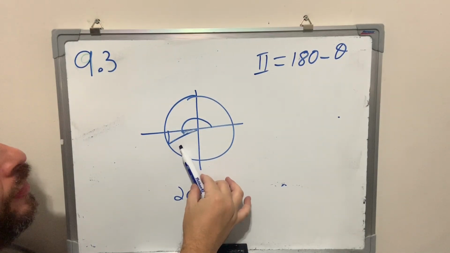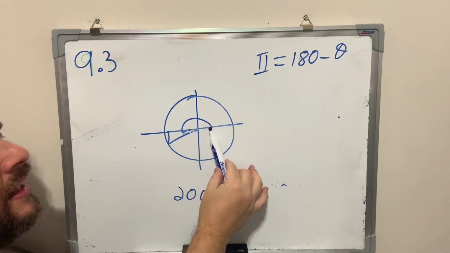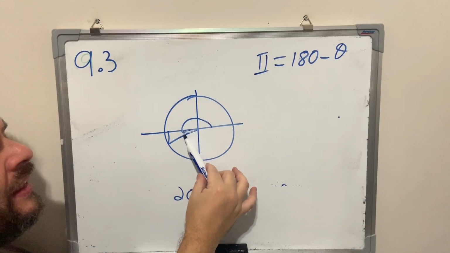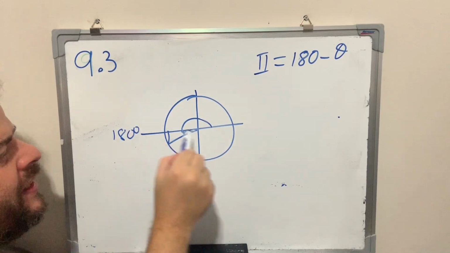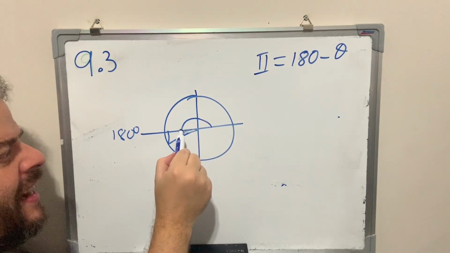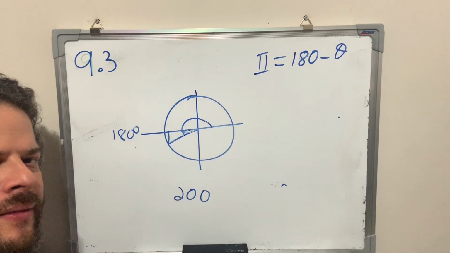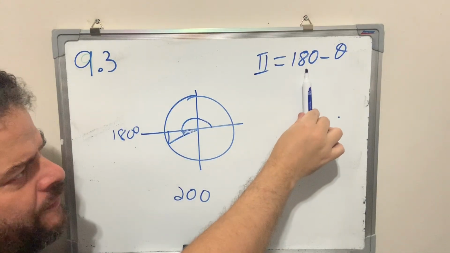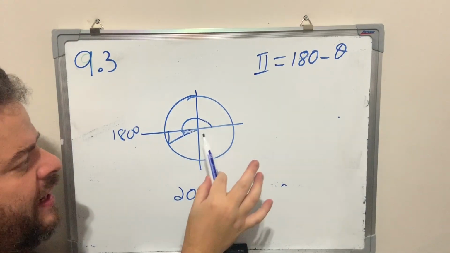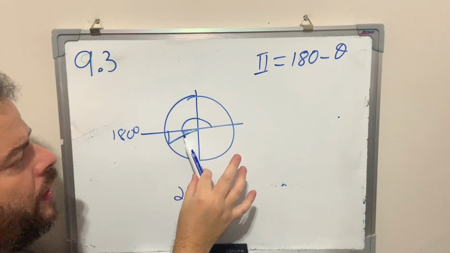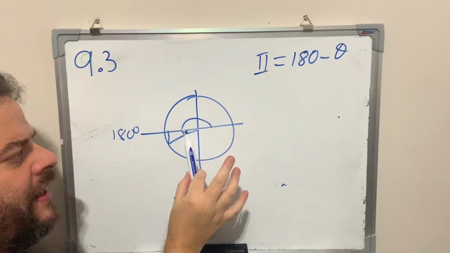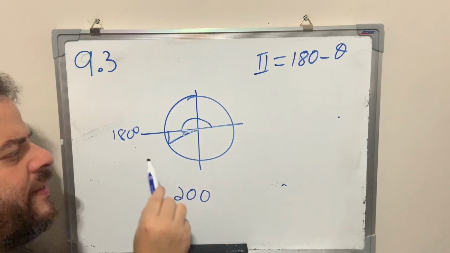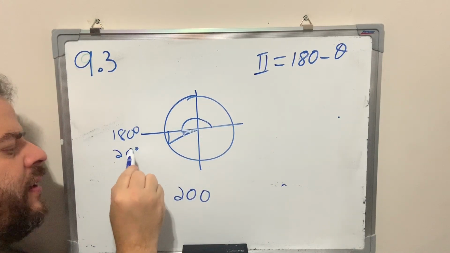Now, when it's in the third quadrant, you can see that it has slightly gone over 180 degrees. This is 180 degrees, and I've gone slightly beyond that. It is a very similar formula. If the entire angle is 200 degrees, and from here to here I have 180, then this part has to be what's missing, or 20 degrees.